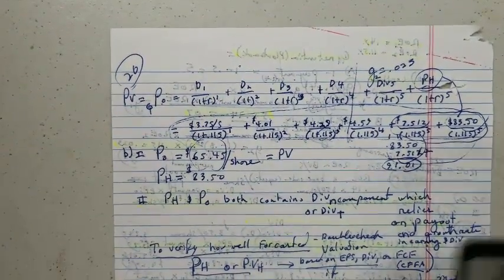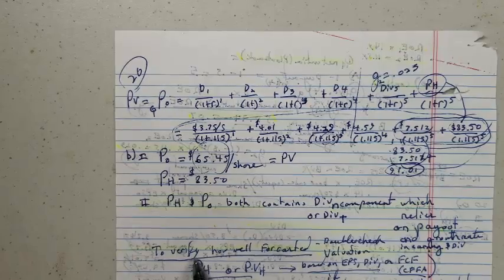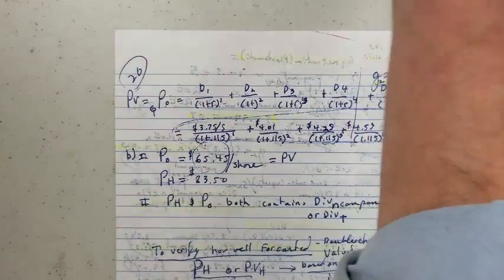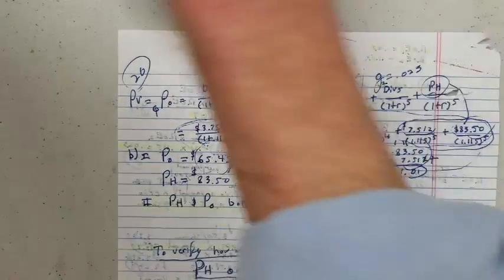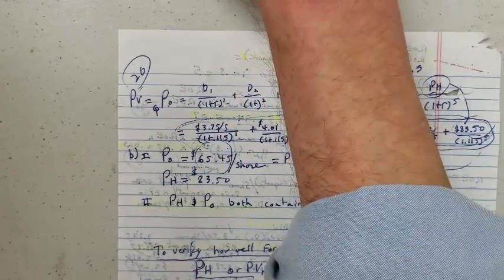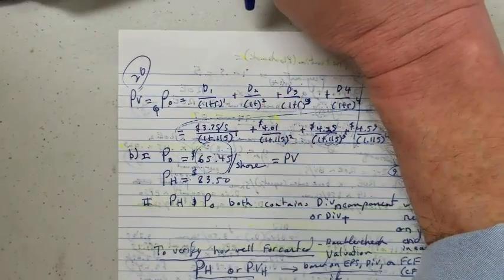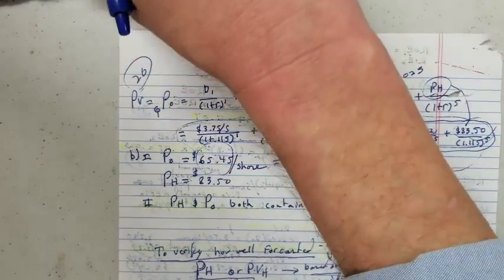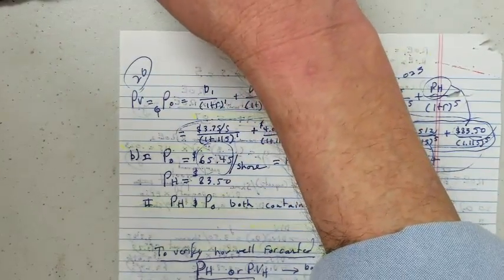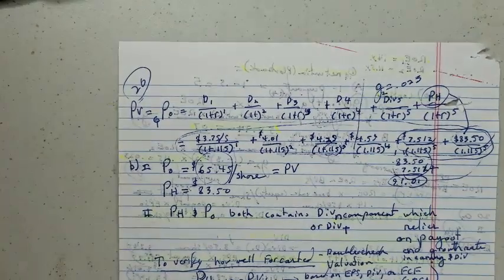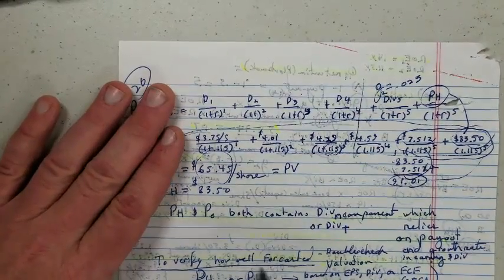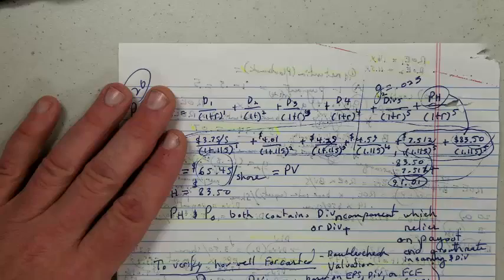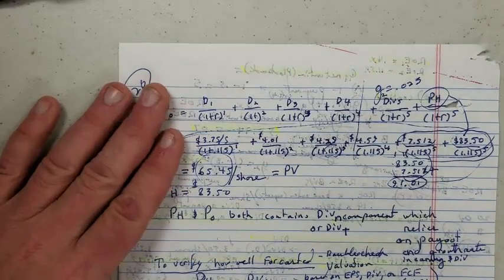With that said, just be aware, be able to look at page 96, 97, okay, and we need to be able to verify our horizon price.